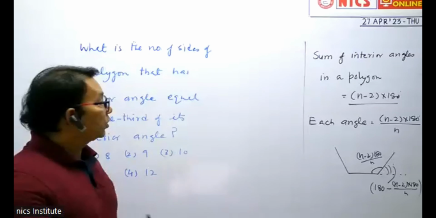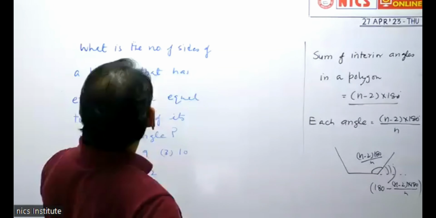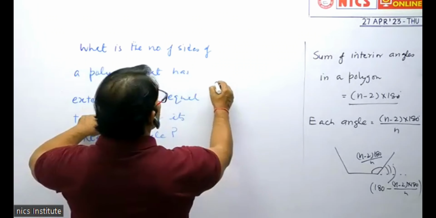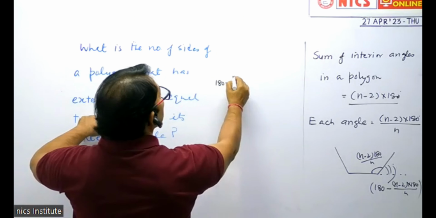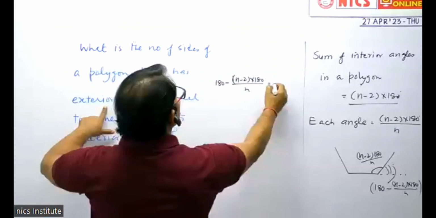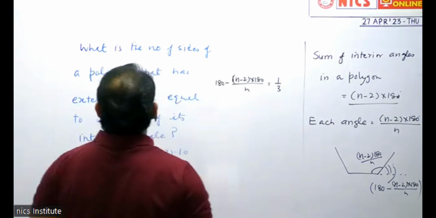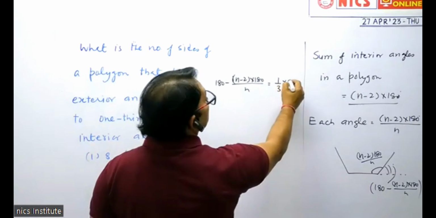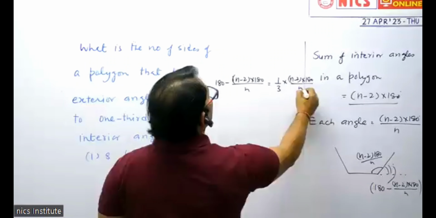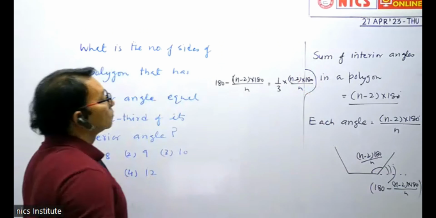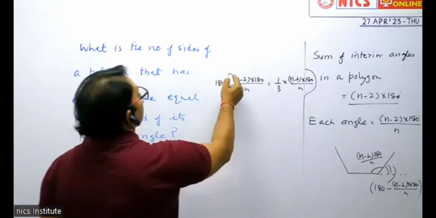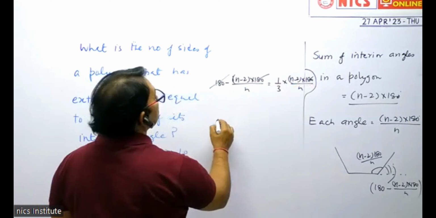So according to the question, the exterior angle, 180 minus (n minus 2) into 180 by n, is 1/3 of its interior angle, which is (n minus 2) into 180 by n, right? Just like this. You can cancel 180 throughout.